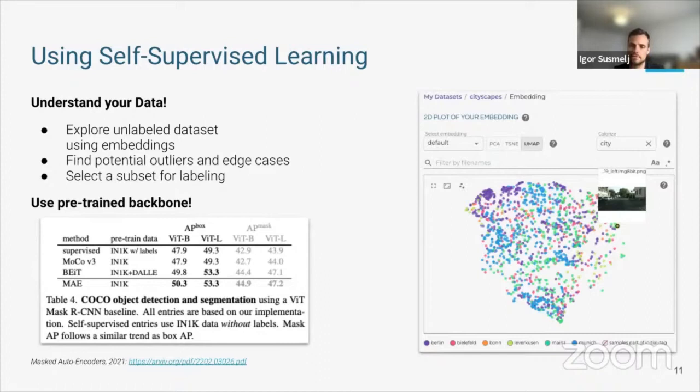And as you see in the different accuracy metrics, like the mean average precision, for example, for bounding box detection, the metrics are much better. So the model trained without labels achieves a better performance once we do the fine-tuning on the Coco data set where we use labels. And this is pretty exciting because this opens a lot of new doors because we have so much unlabeled data available.